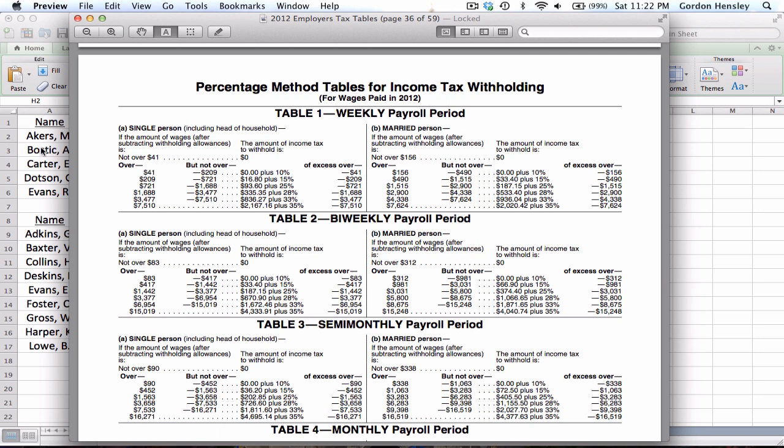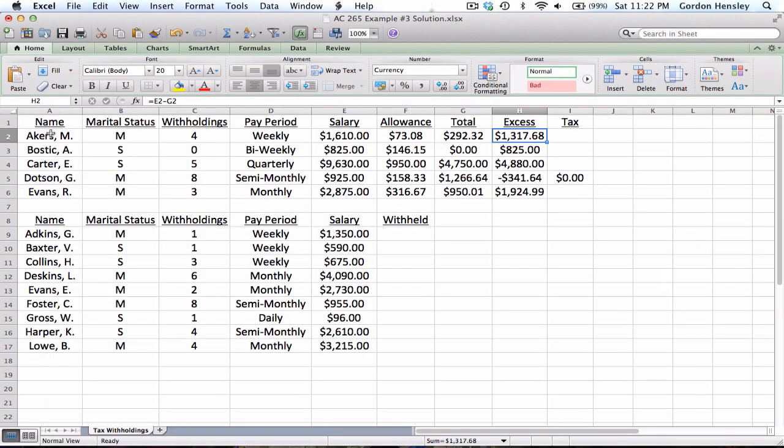So the first person that we're going to do this calculation for is our very first employee, M. Akers. They are married and they are a weekly pay period. And we know the excess amount. We know that is $1,317.68. So I'm going to have to calculate the tax for that person.